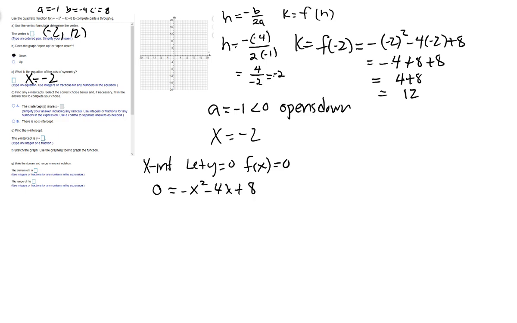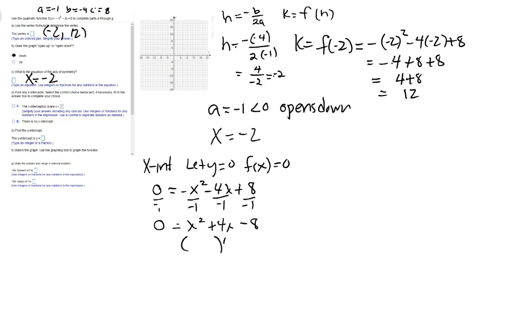I'm going to try to factor this, but I don't like to factor with a negative in the front. So I'm going to divide every term by -1. Get rid of that negative. 0 equals x squared plus 4x minus 8.